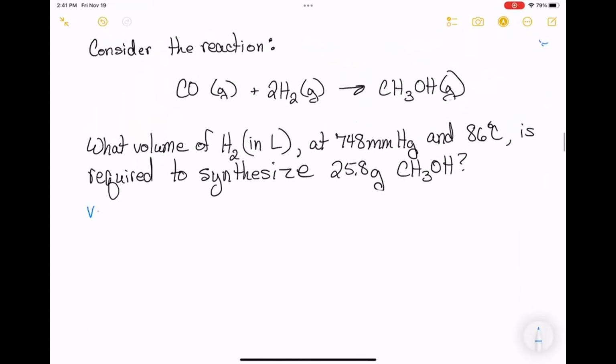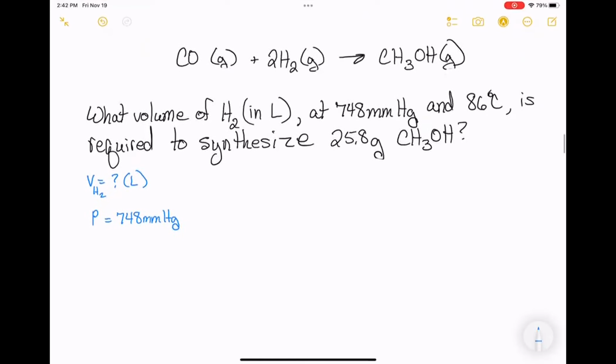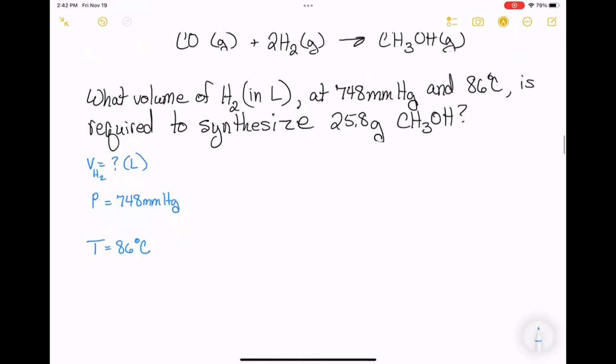I've been asked to solve for the volume in liters for hydrogen. I was given a pressure of 748 millimeters of mercury. I was given a temperature of 86 degrees Celsius. And I was told that I had 25.8 grams of methanol.